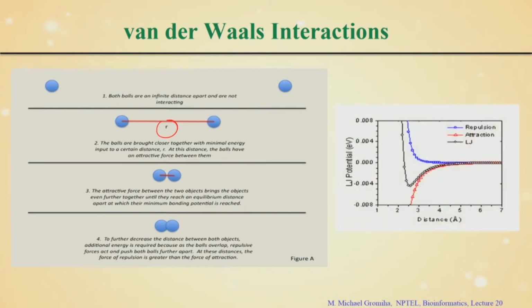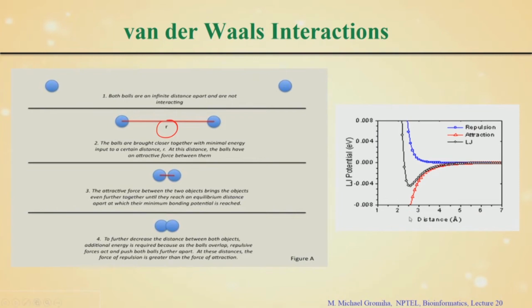We can use this graph to explain the attractive force and repulsive force as well as the net force. Here, for this red one, the attractive force, when it is very far away there is no attractive force. The x axis is the distance and the y axis is the potential, the force or the energy. At some distance we have the attractive force, that is favorable interactions.